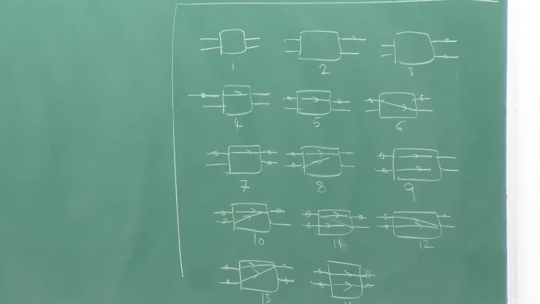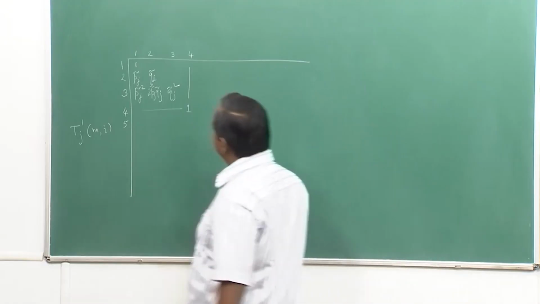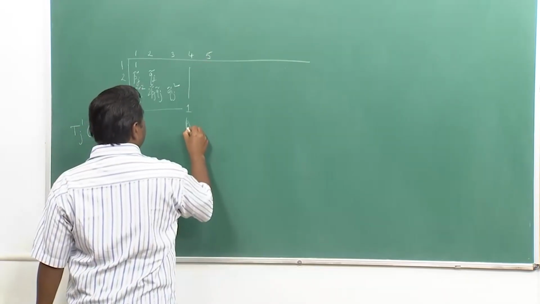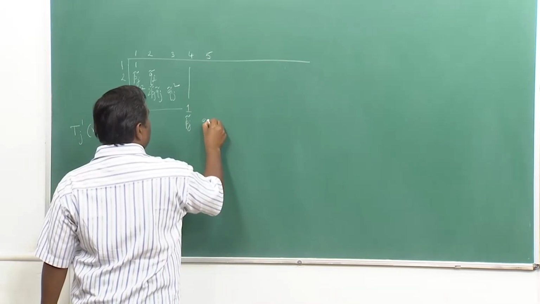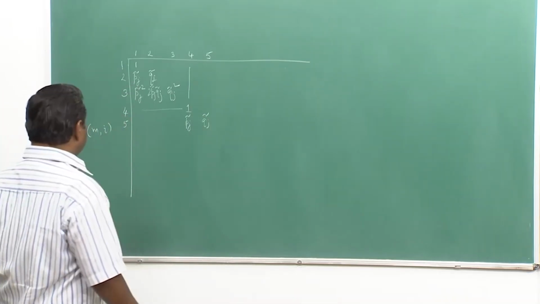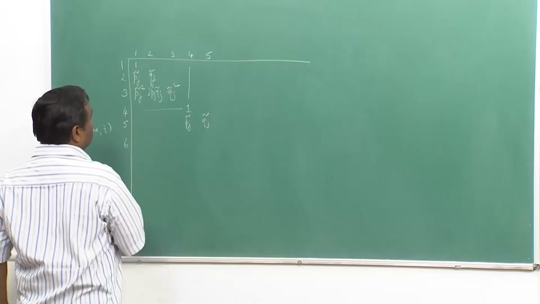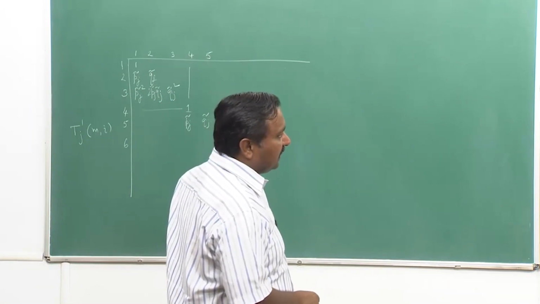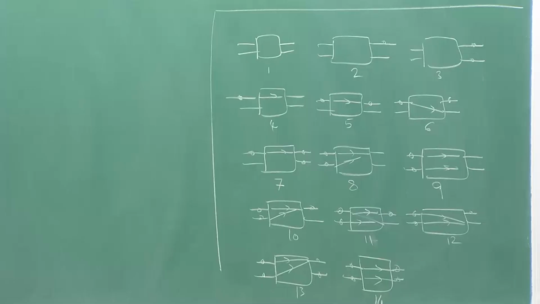With probability pj tilde you will come to state 4, and with qj tilde you will remain in 5. Similarly, the sixth state, there is only one packet present, it can go out, you come back to the fourth state, otherwise you remain in sixth.